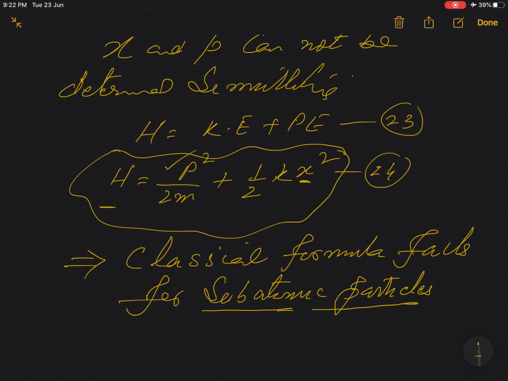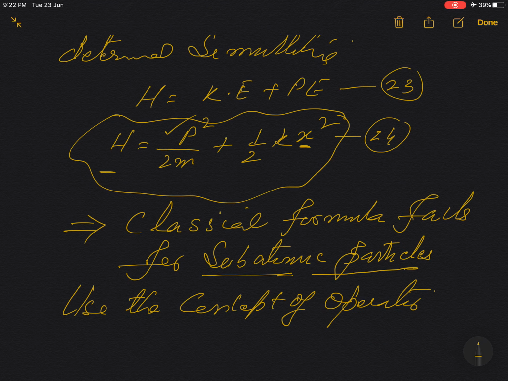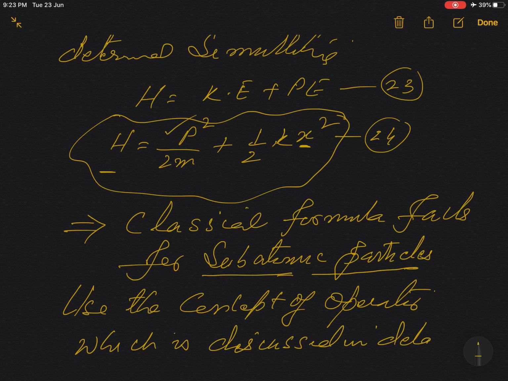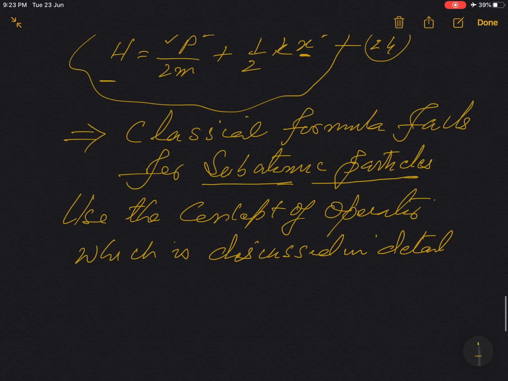If this is not possible, then we use the concept of operators, which is discussed in detail all over again in the above topic, in the above exercise, I can say.